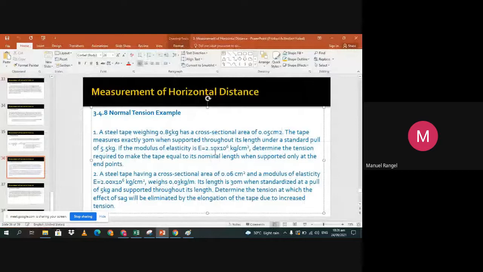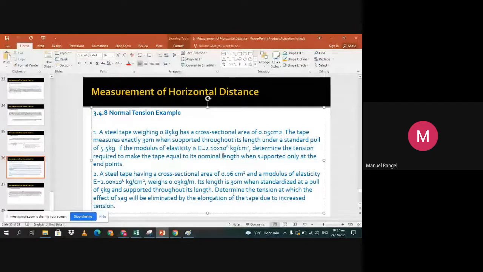Okay, number 2. A steel tape having a cross-sectional area of 0.06 centimeter square and a modulus of elasticity E of 2 times 10 raised to 6 weighs 0.03 kilogram per meter.